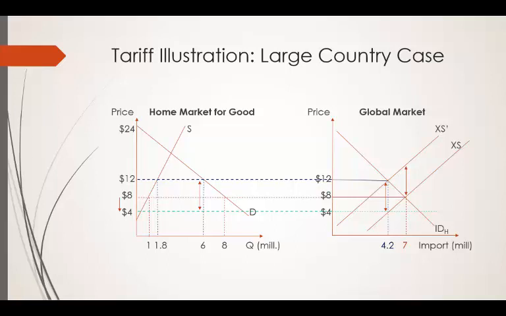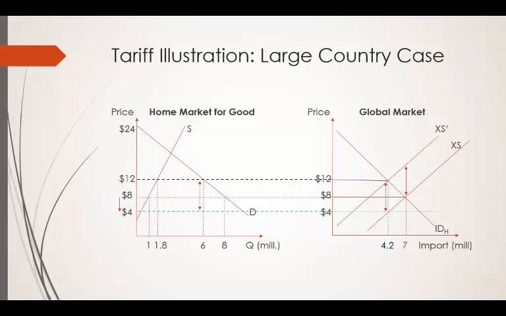If foreign producers attempt to pass on the full $8 tariff to domestic consumers by having them import at $16, a surplus is generated in the global market. This forces foreign producers to lower their price to clear the surplus, and this continues until it gets to $12, as in our example, where the global market clears, with the large country now importing 4.2 million units at that price.